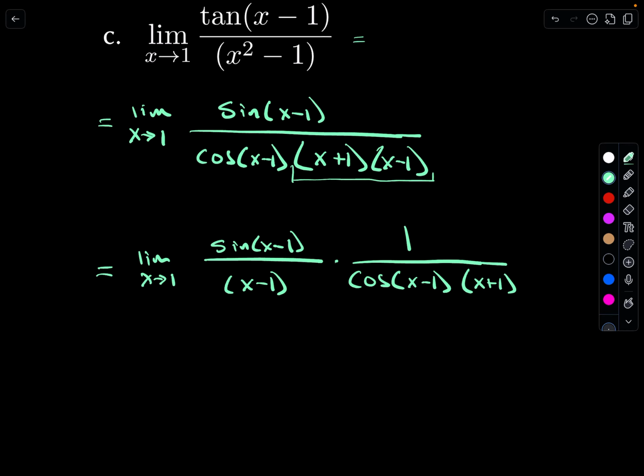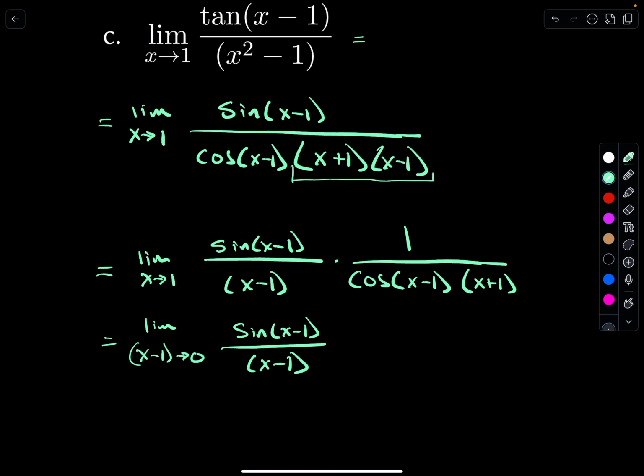Okay, so we could do this one of two ways. Either we could recognize that when x approaches 1, x minus 1 will approach 0, or I could just rewrite this like this, just to remind me that that's the case.